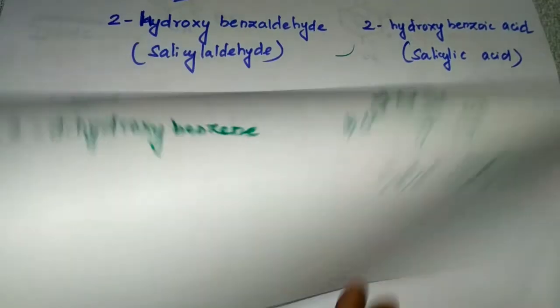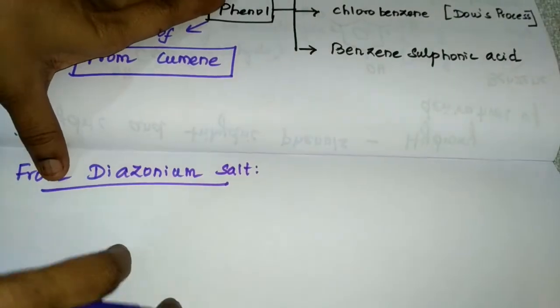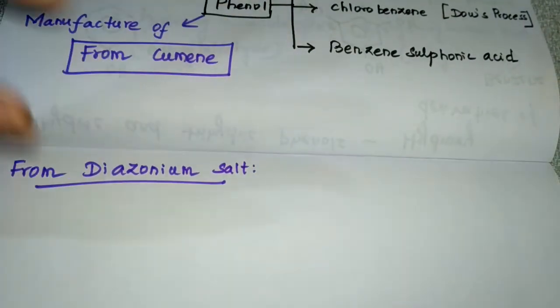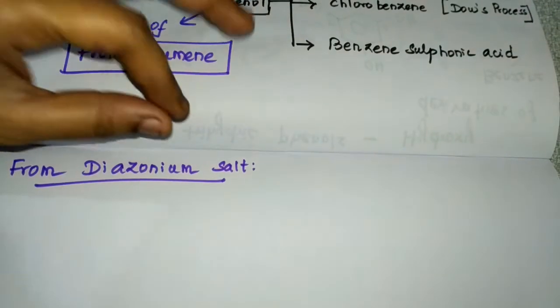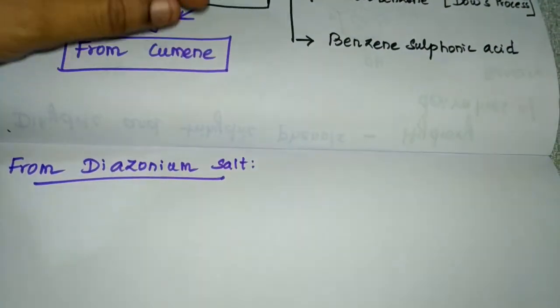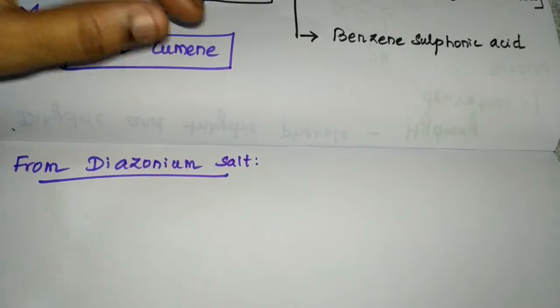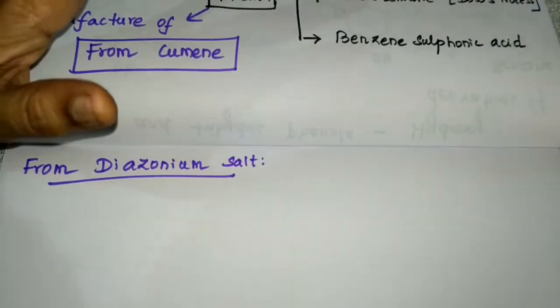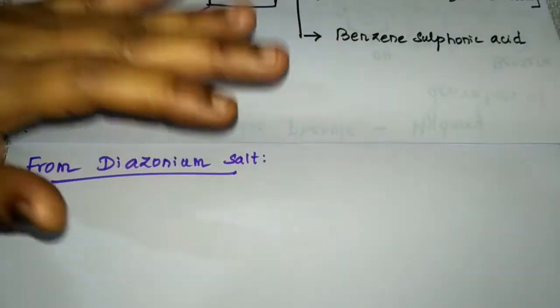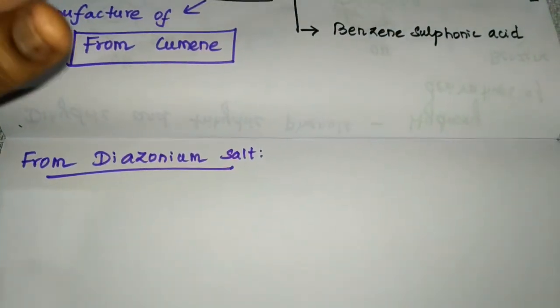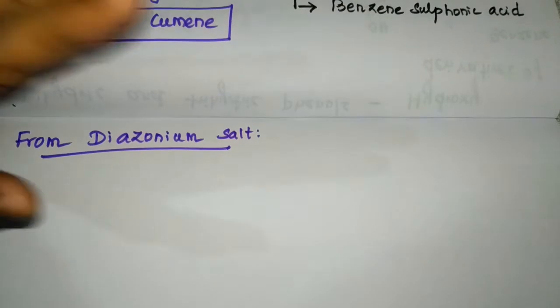This is the most convenient method for the laboratory preparation of phenol. Here you do hydrolysis of a diazonium salt in the presence of sulfuric acid or by means of steam distillation.